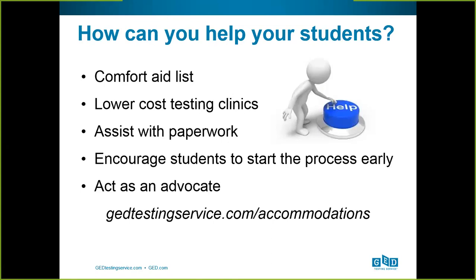The big one, encourage students to start the process early. If you get a student that starts with you in September and you know that in January they're going to be ready for at least one module of the GED test, but you're quite certain they're going to need accommodations, in September it's not too soon to start the accommodation process.